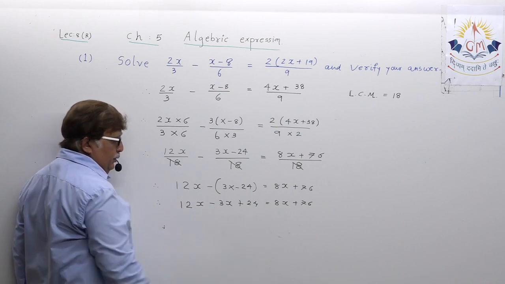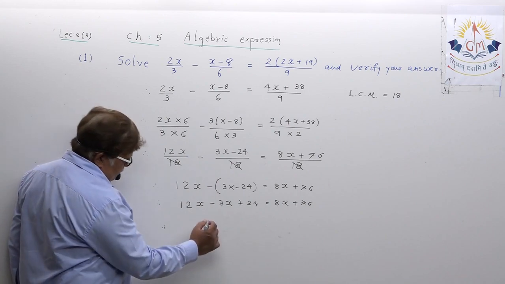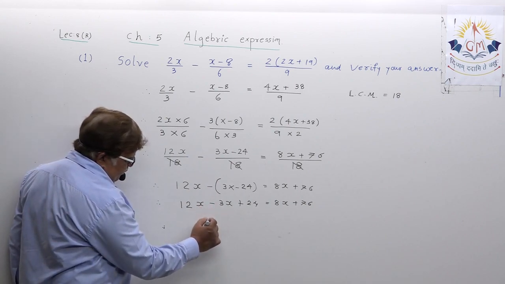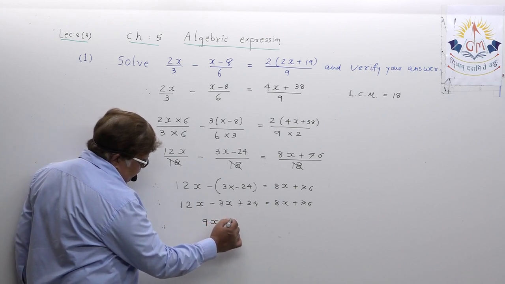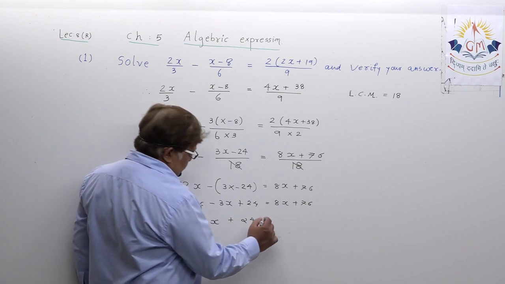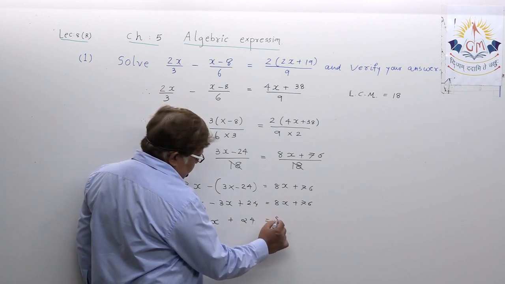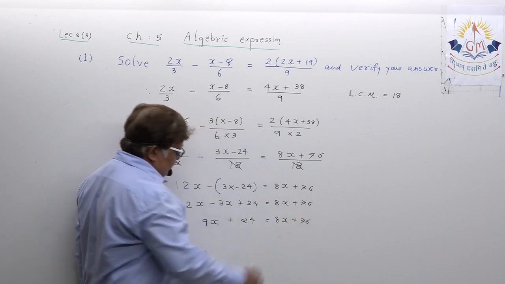12x minus 3x, like terms, I am solving it. 9x plus 24 equal to 8x plus 76.